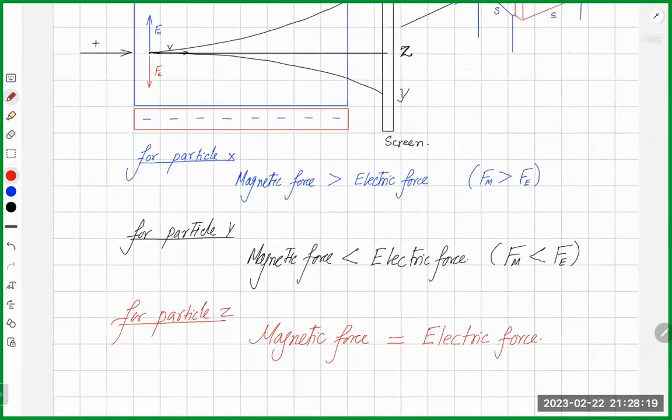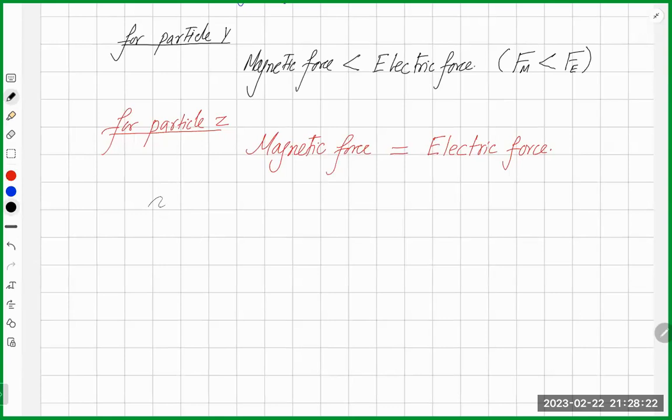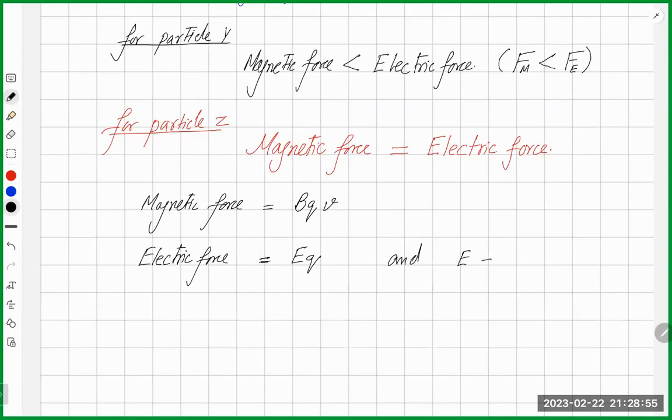Now, remember, magnetic force is BQV. Electric force is EQ. And E is potential difference divided by distance.